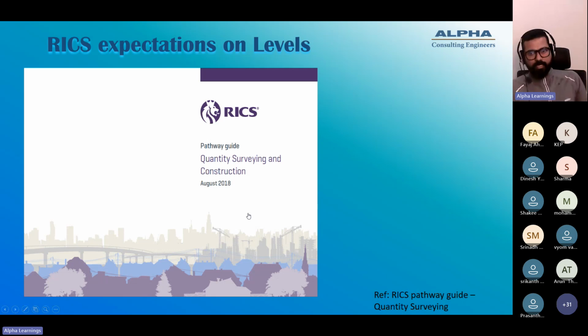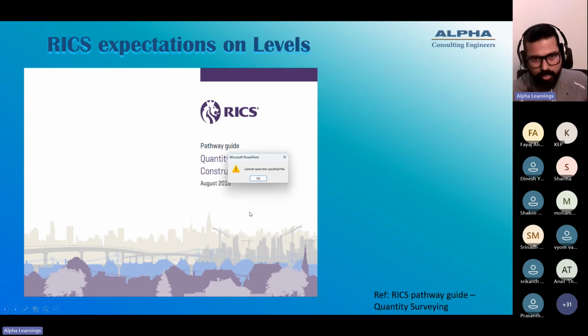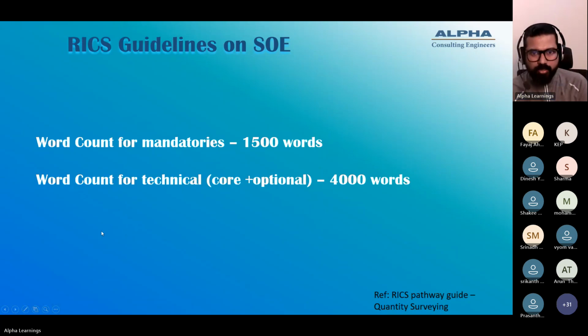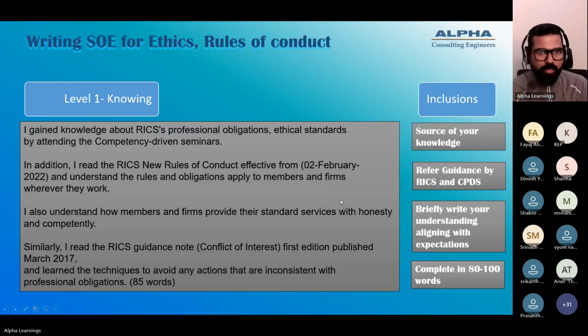There is a gap in the understanding of the competency, and the candidate must refer to the Pathway Guide. So that's why it's very important when you are writing your summary of experience: please follow the Candidate Guide first, then go to the Pathway Guide, go to the competency you are writing, and align your writing according to that. Okay. These are the word count limits.